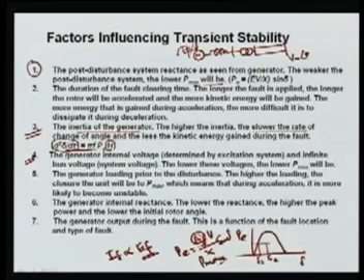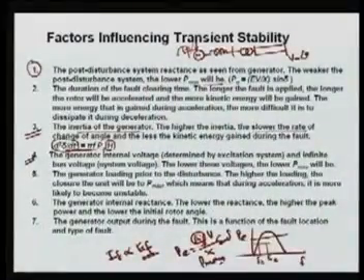So the generator internal voltage is determined by the excitation system and the infinite bus voltage. The lower these voltages, the lower P max will be, and therefore it will affect your stability. The generator loading point before the disturbance, means where your system is loaded at this point.